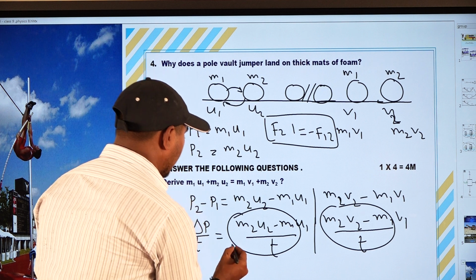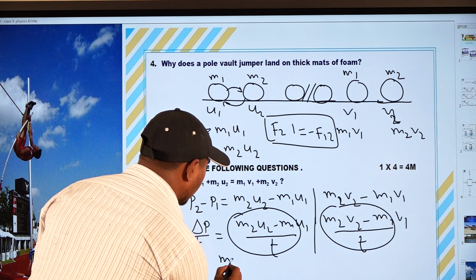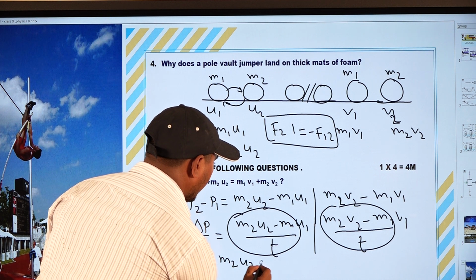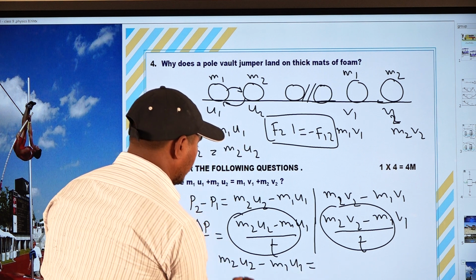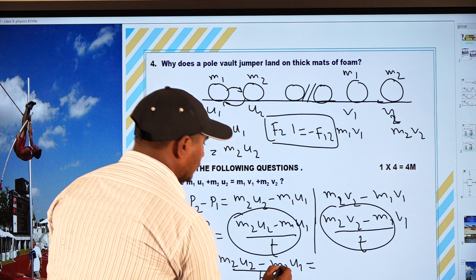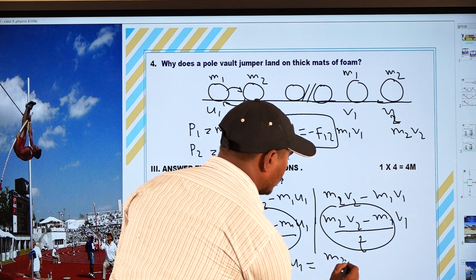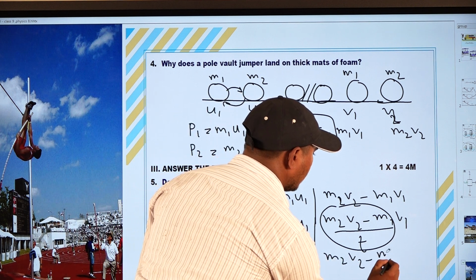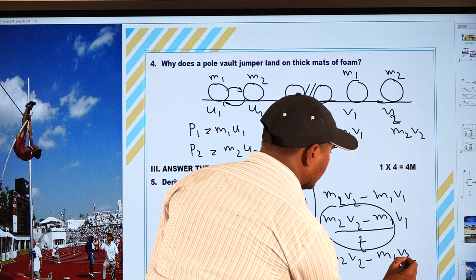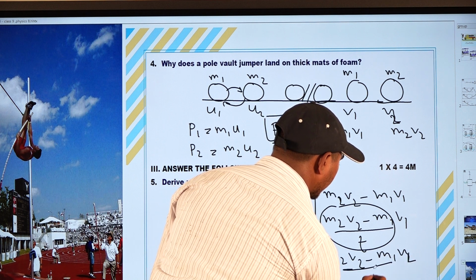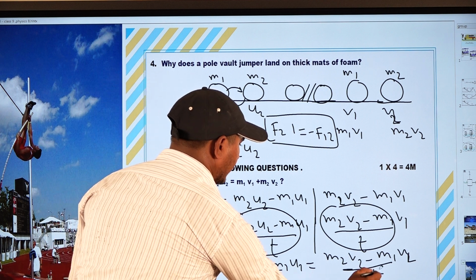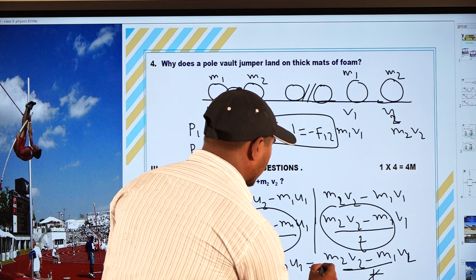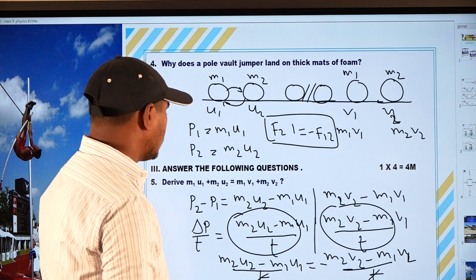That is why you write m2 u2 minus m1 u1 by t is equal to minus of m2 v2 minus m1 v1 by t. Here t gets cancelled. Then m1 u1 is sent to the other side, and the minus becomes plus.